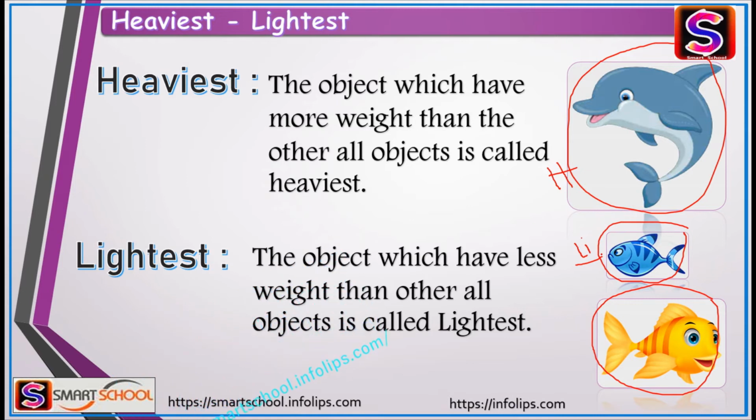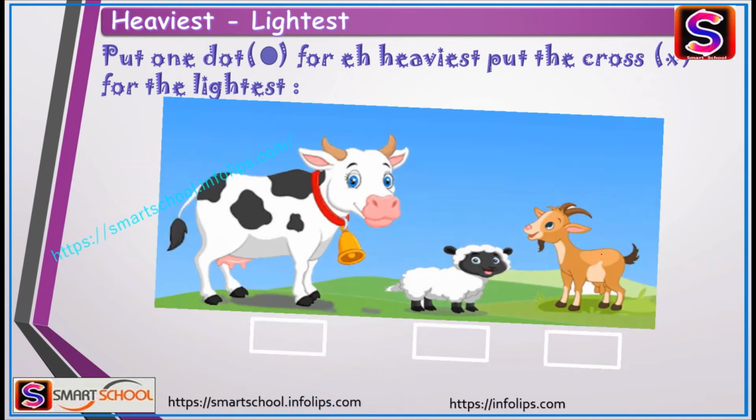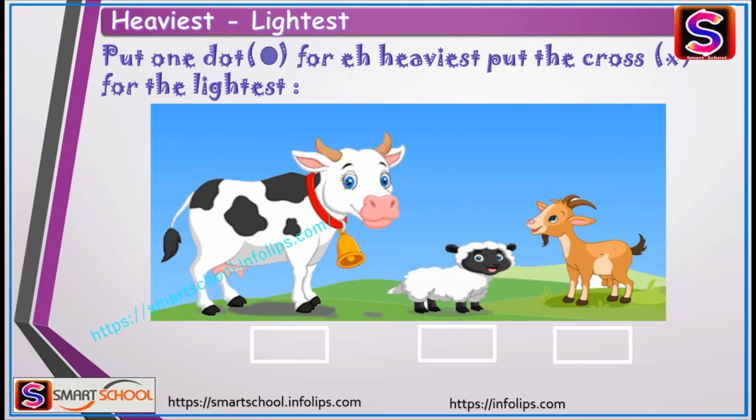Okay, let's see some more examples. Put a circle for the heaviest and a cross for the lightest. See here the example. The picture shows a cow, a lamb and a goat.